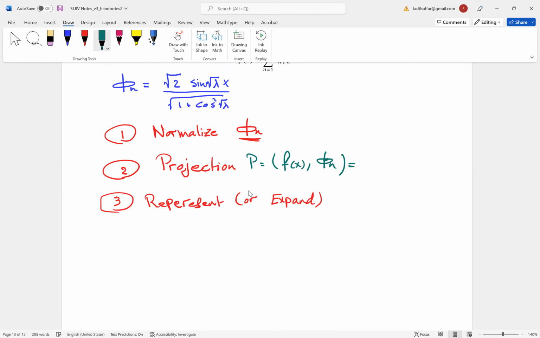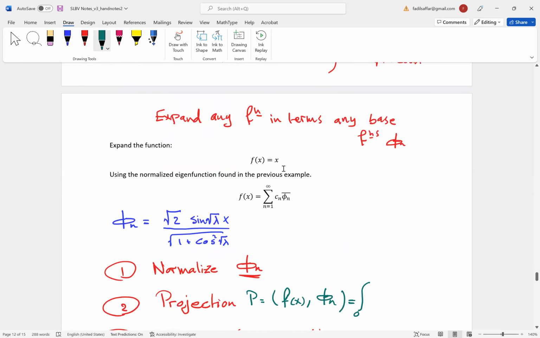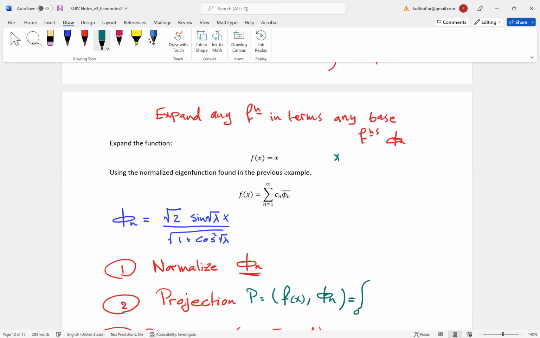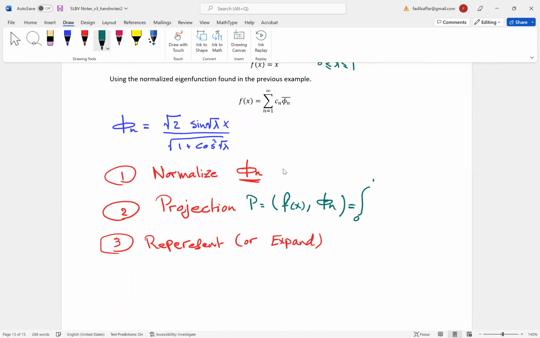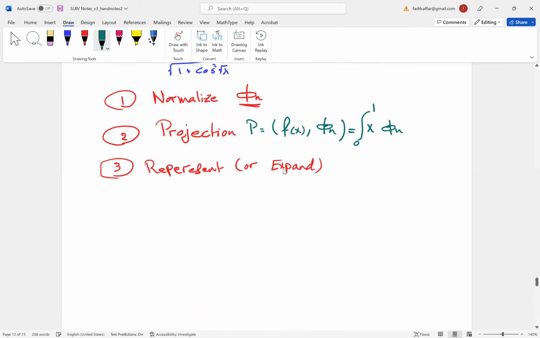And if you remember, what's the expression of the inner product? It's the integration from 0 to a, and a here is just the interval, and here the interval is x from 0 to 1. So now it's from 0 to 1, and our function here is just x, and x times phi n, and that's the way we find our projection.